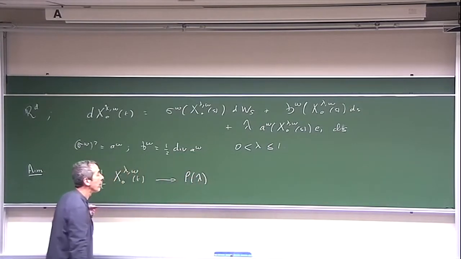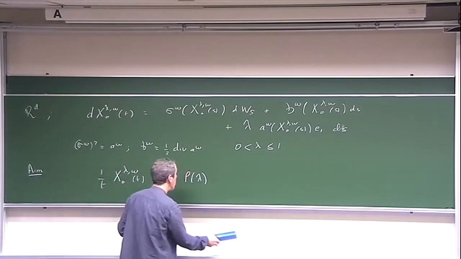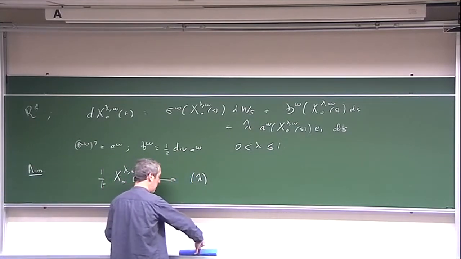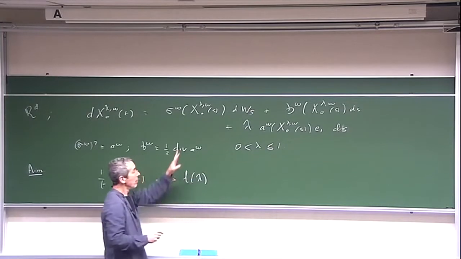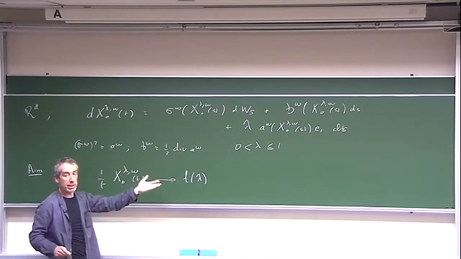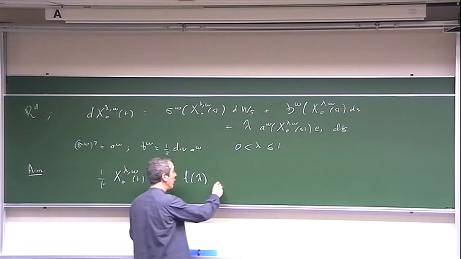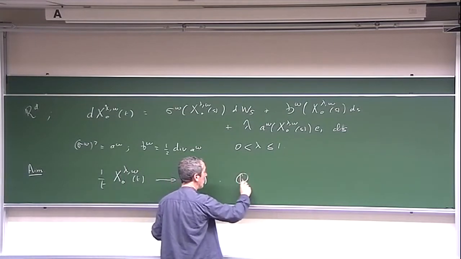And this something I will denote by L of lambda, because it depends on lambda. So in particular, if you make lambda equal to 0, then L is 0. And we want to prove that Q almost surely.